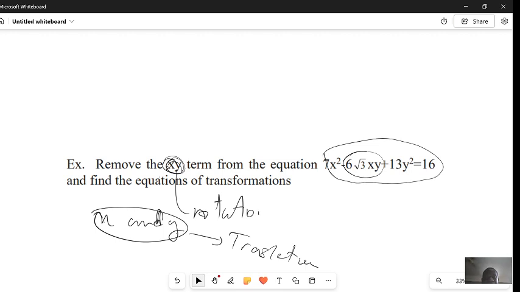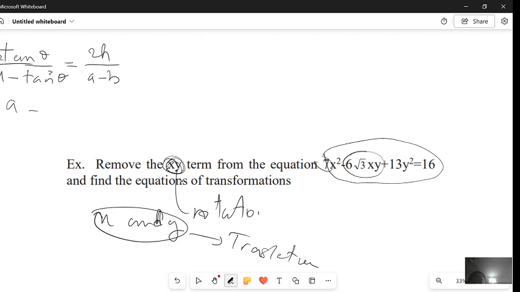Now, how can I do it? I'm going to find the value of theta. I already know that tan 2 theta equals 2h over a minus b. Now what's the value of a? The value of a in the equation equals 7. What's the value of b?